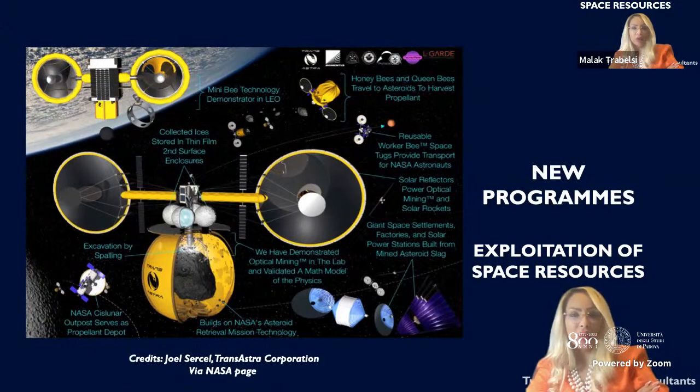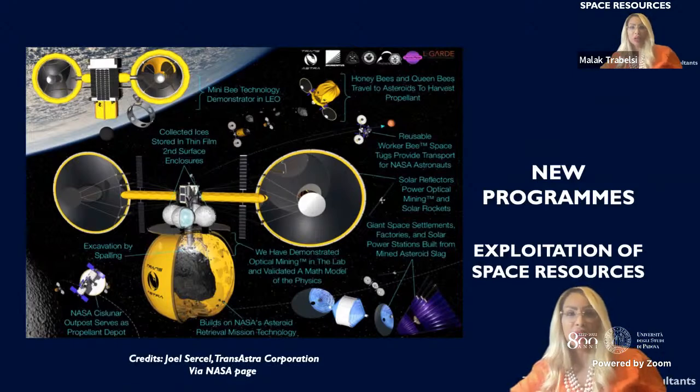Here, one of the companies, the Trans-Astra Corporation, coming from the NASA page, shows how these technologies have been worked on. The challenge of these disruptive technologies is the issue of making the technology into action, and there are a lot of issues related to that in terms of risk management and, of course, investments.